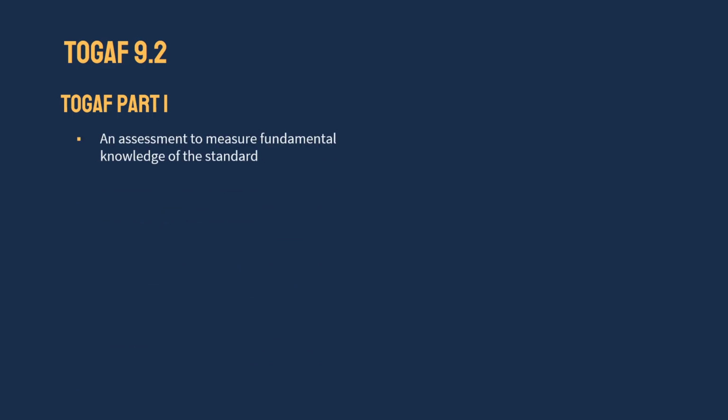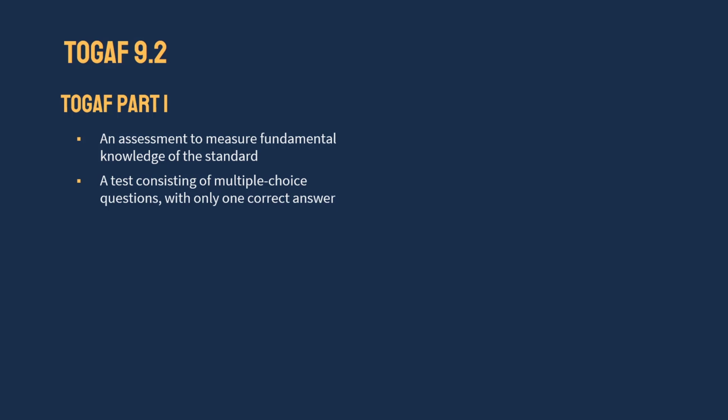We will now explain the difference between the Part 1 and Part 2 exams. Part 1. 1. The exam is an assessment that measures fundamental knowledge of the standard. 2. The test consists of multiple choice questions with only one correct answer. 3.